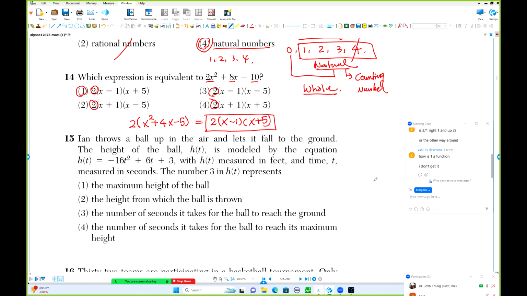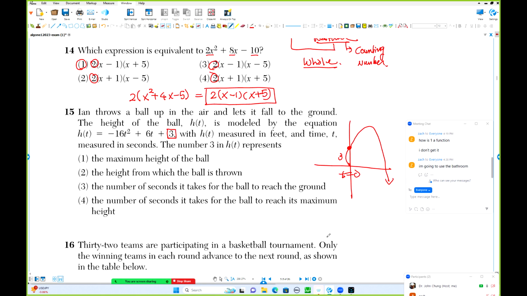What does the number 3 mean in this context? When t equals 0, the value of h is the initial height of the ball. That is the height from which the ball is thrown.